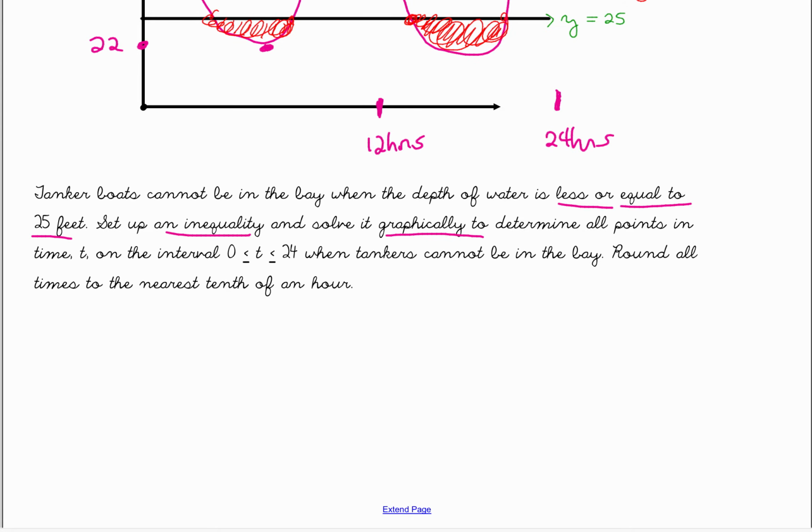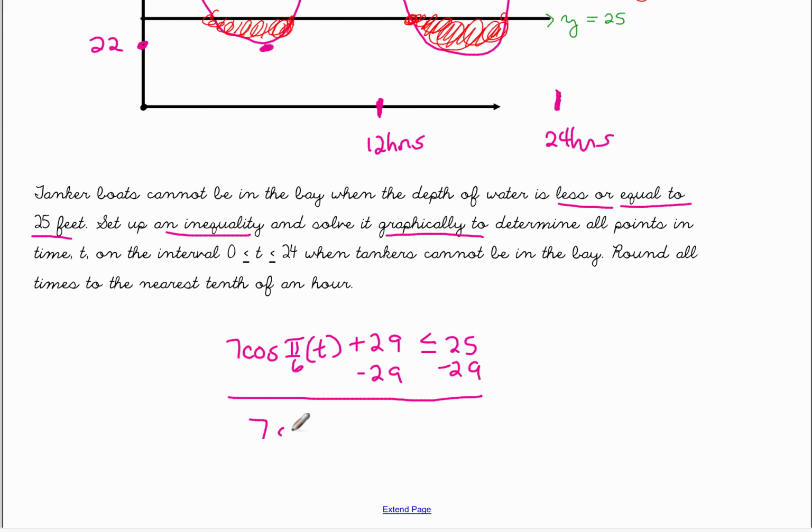All right, so 7 cosine pi/6 t plus 29, when is that less than or equal to 25? All right, I'm going to minus 29. That's -4.